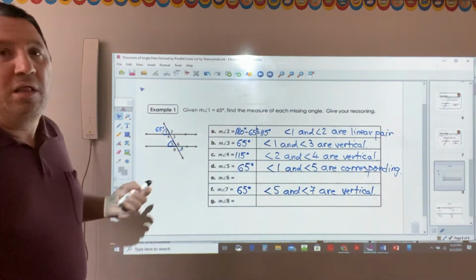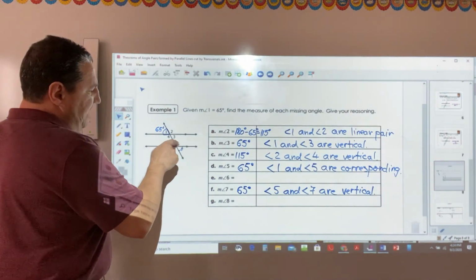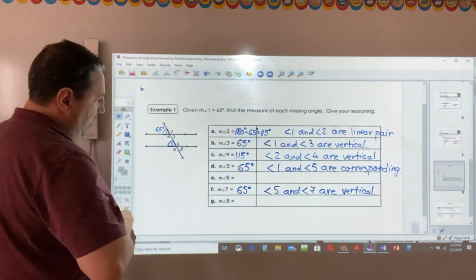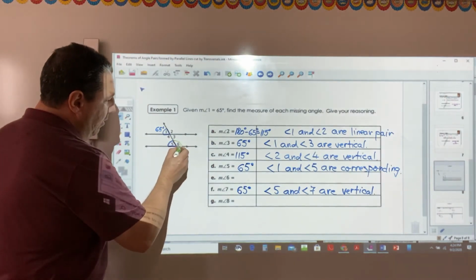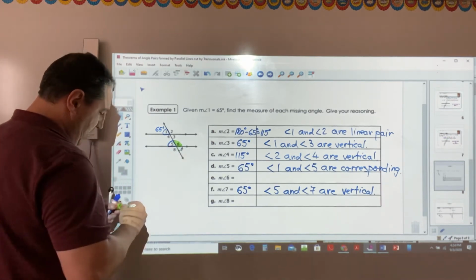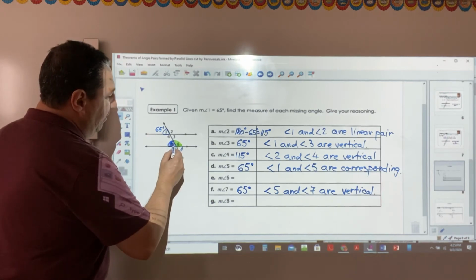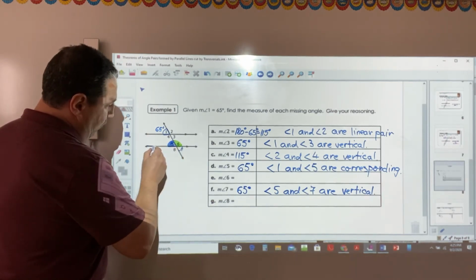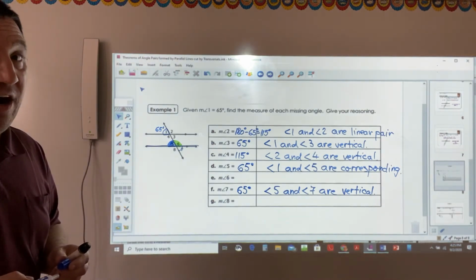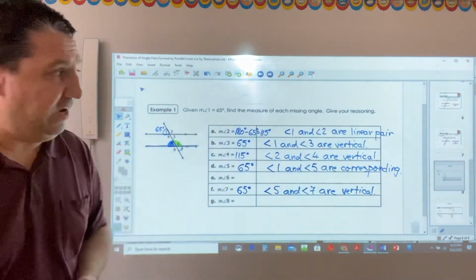Now, what's next? What angles are left? 6 and 8. So, look at angles 5 and 6. They both form a line, which is 180. They are adjacent and a linear pair, right?